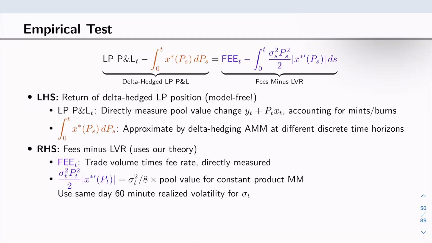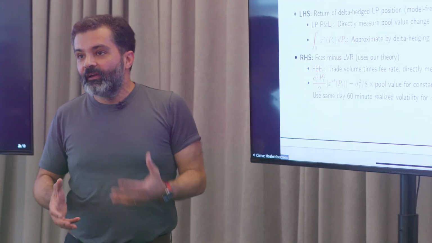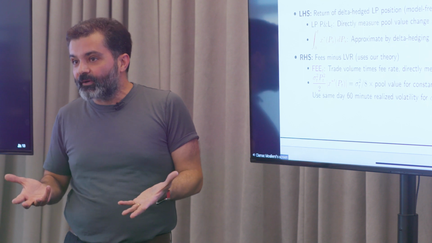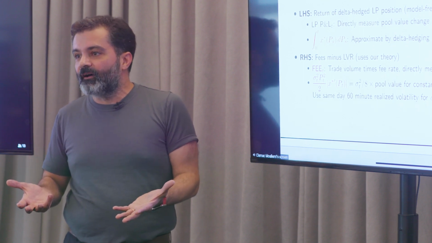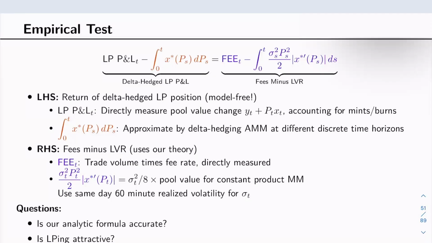And there, because this is a constant product pool, I'm simply going to look at what was the volatility on that day. And I'm going to say it's sigma squared over 8 times the value of the pool is how much I'm going to lose to LVR. So if the left side of this equality is close to the right side of this, it says that LVR is accurate, at least in the sense of measuring LP P&L.